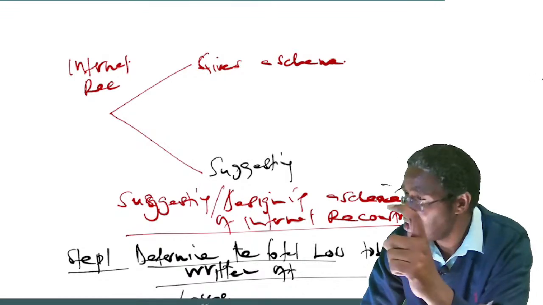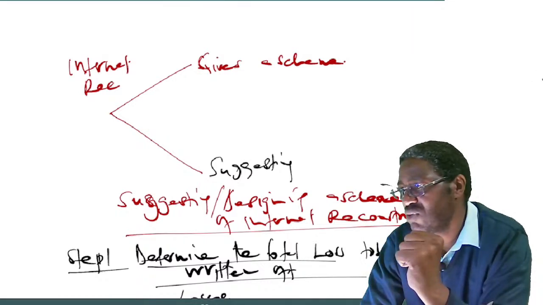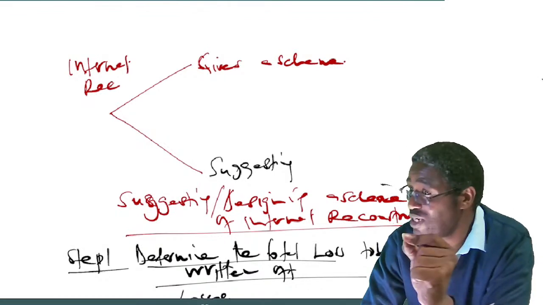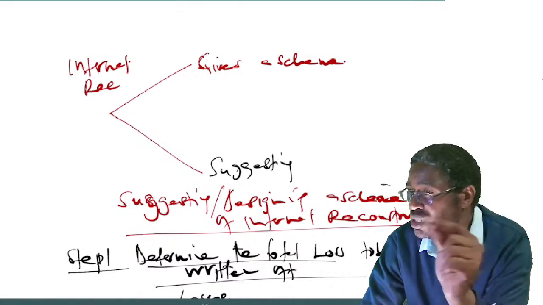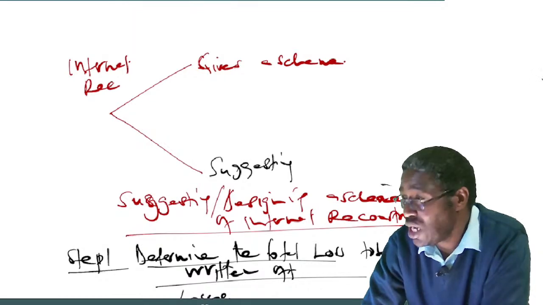That gain, we have said, must be credited in the capital reduction account. Then I've told you, if you realize that the company will suffer loss, that loss should be debited in the capital reduction account.